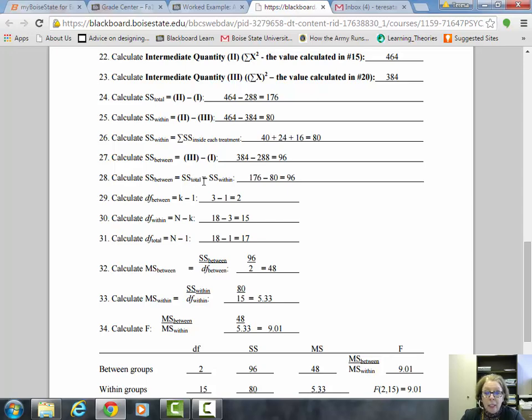You could still calculate SS between by subtracting the SS within that you calculated using the alternative method from your SS total of 176, and you would come up with 96, which is the exact same value regardless of the method you selected.